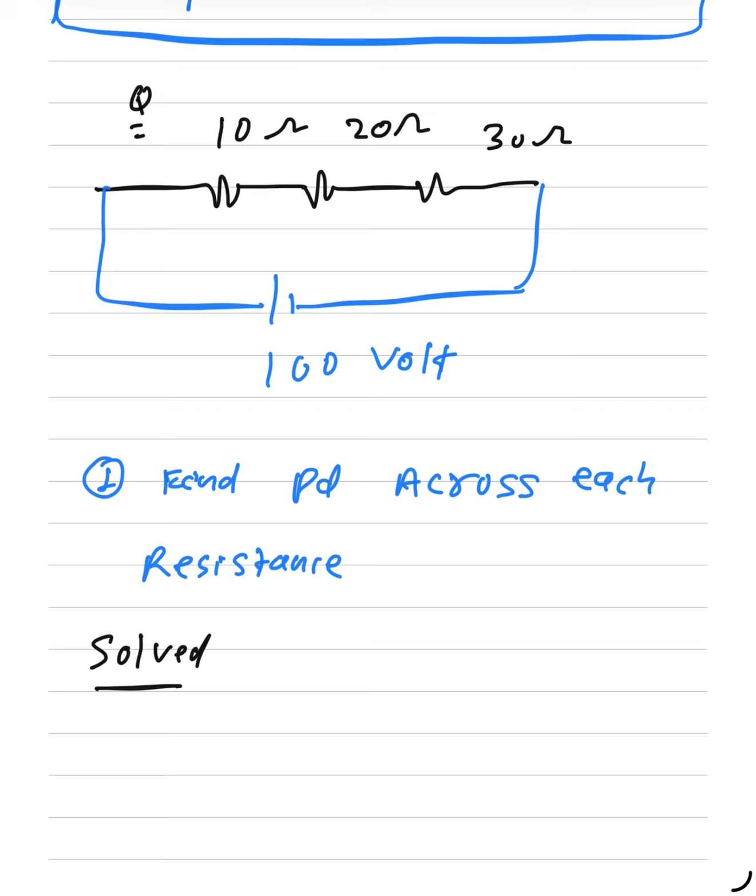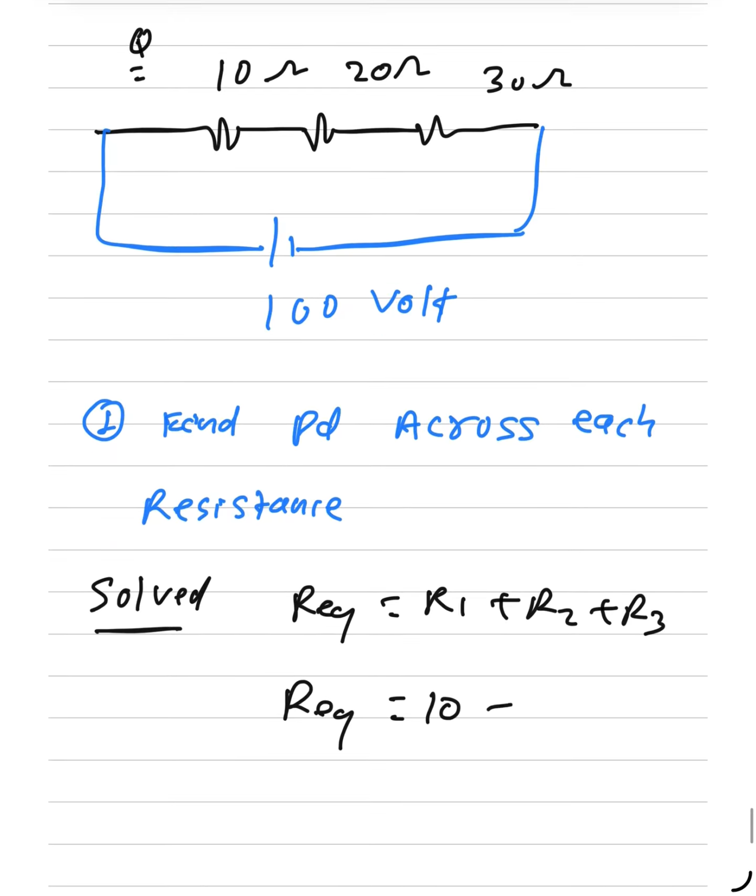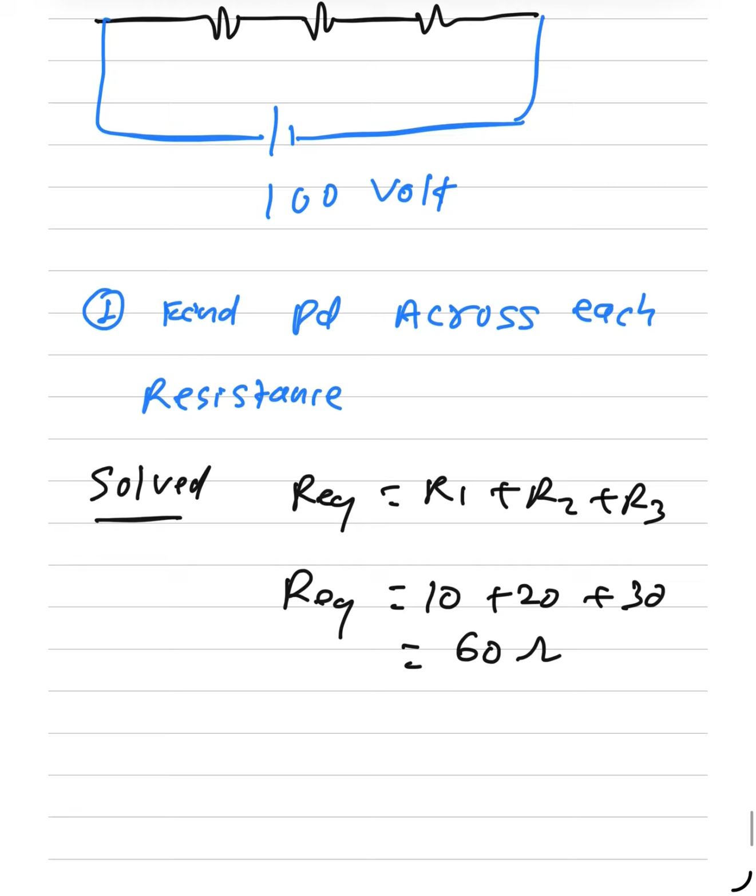Initially we calculate the total resistance: R equivalent equals R1 plus R2 plus R3, so R equivalent equals 10 plus 20 plus 30, meaning 60 ohm. This is the total resistance in the given circuit.